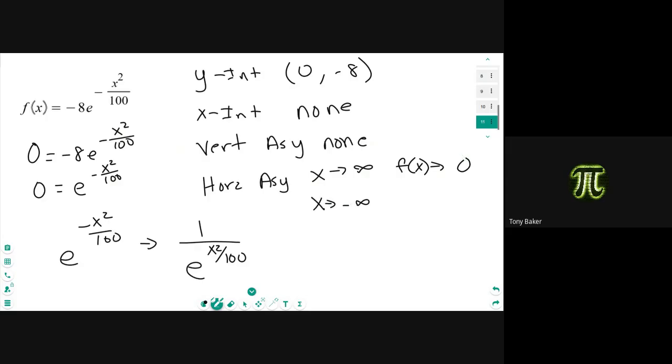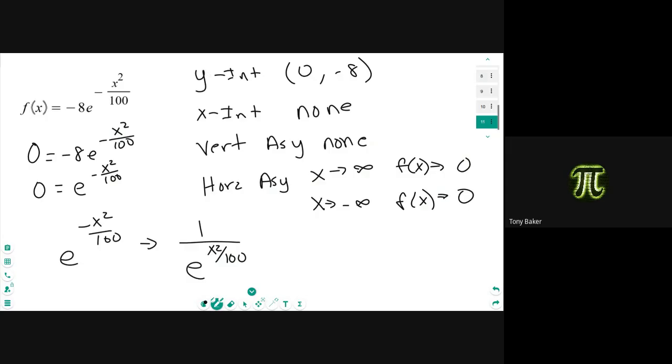What about the other direction? As x goes to negative infinity, what's happening to this graph? It has x squared in it, right? So the x squared means that it's going to take care of the negative sign, so that's still going to infinity, so that's going infinitely large, so it's still going to 0.